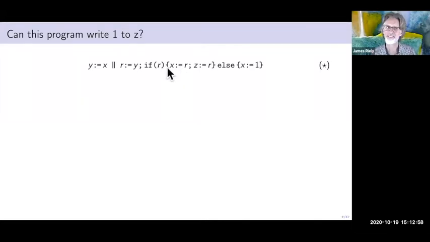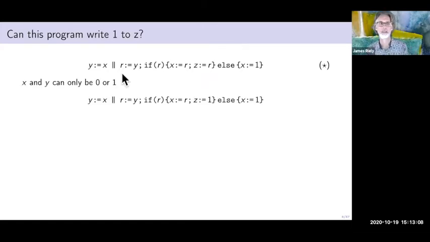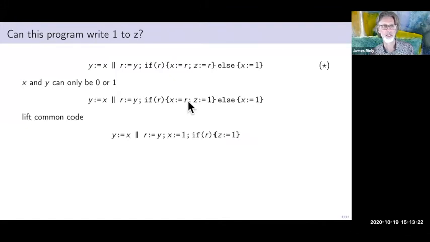And believe it or not, this actually can produce a write of 1 to Z. You can see this by looking at compiler optimization. The compiler might deduce that X and Y can only be 0 or 1 here, in which case it can put the constant in for the write. Then we can lift the write out once we know it's a constant.